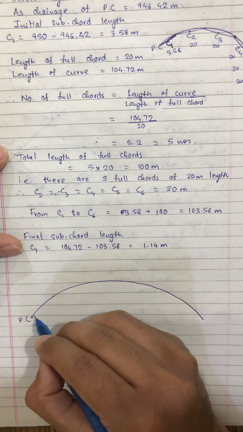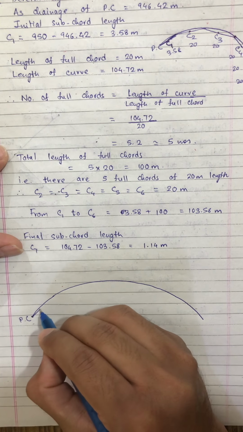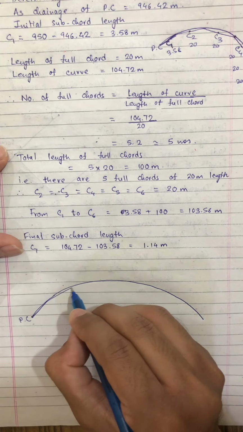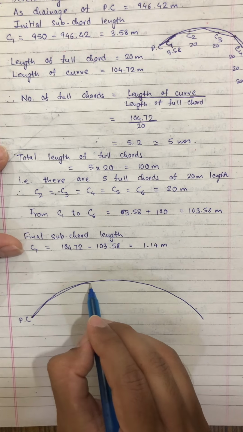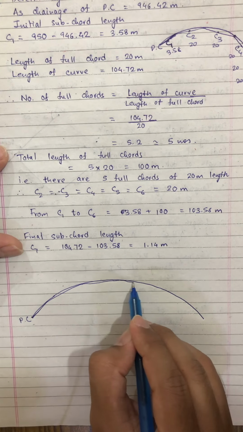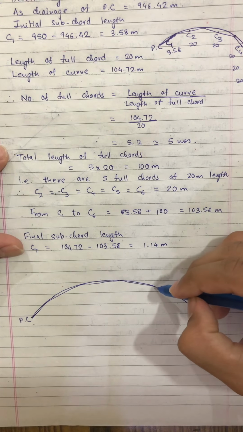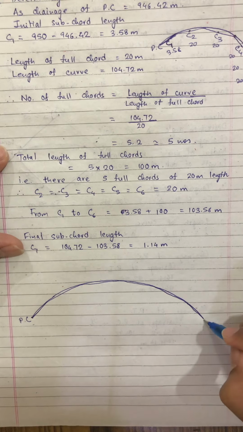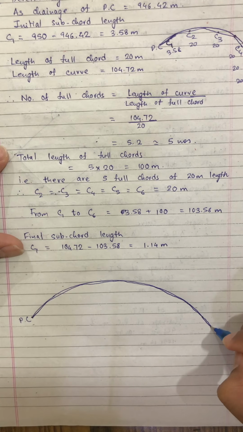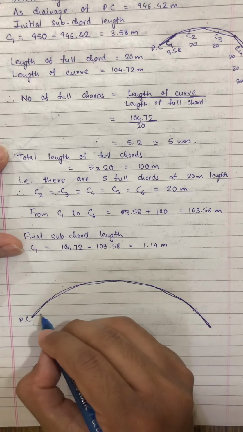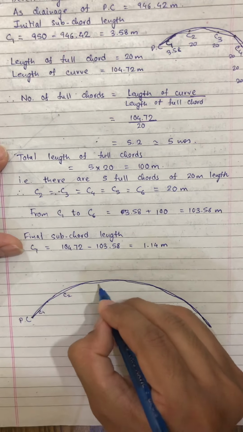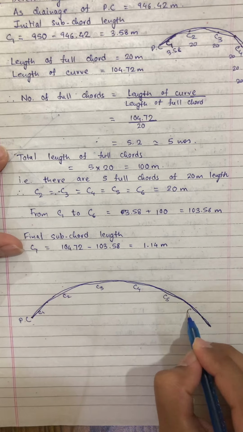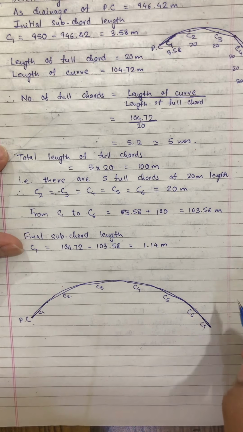So here suppose this is the first chord, then this is the second chord, the third, fourth, fifth, sixth, and one small is the seventh. So this is C1, C2, C3, C4, C5, C6, and this small subchord C7.